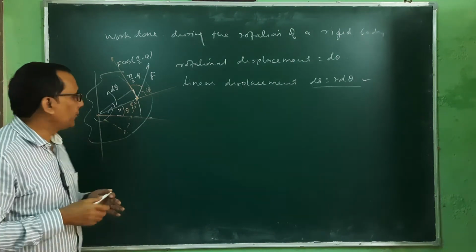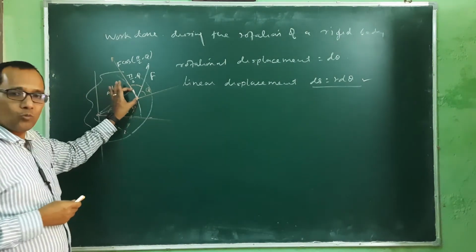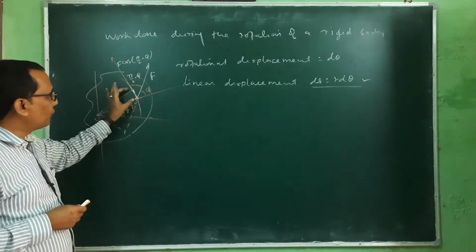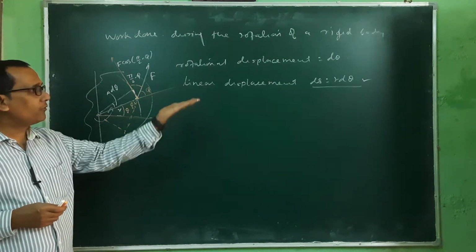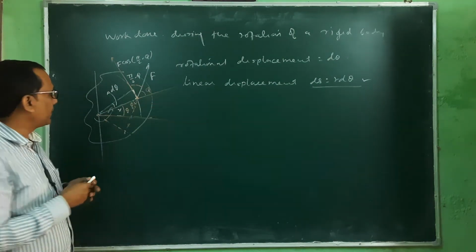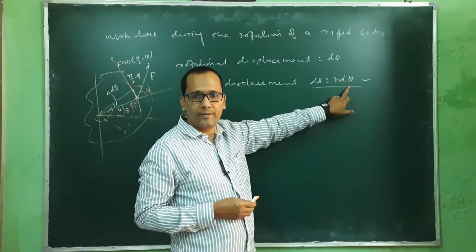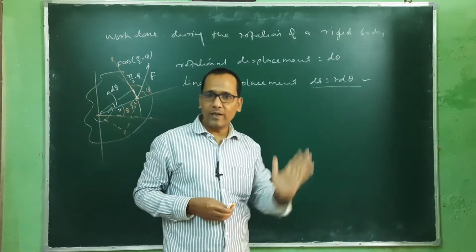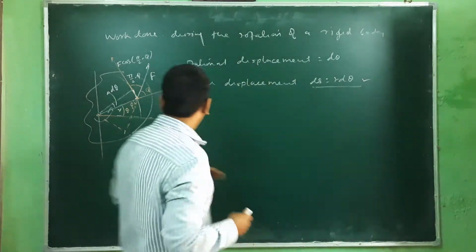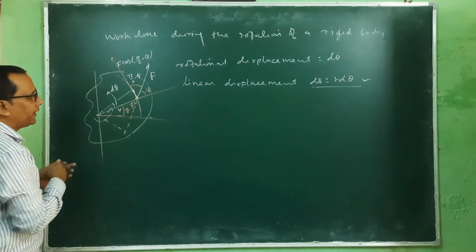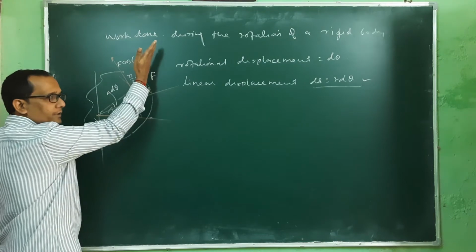Why are we doing so? Because we have to calculate the work, and work is equivalent to force multiplied by displacement, and we are using that linear relation. First we calculated the linear displacement, ds equals r d theta, and in the same direction we have to calculate the force. When we are trying to rotate this body, initially the direction of force is this.